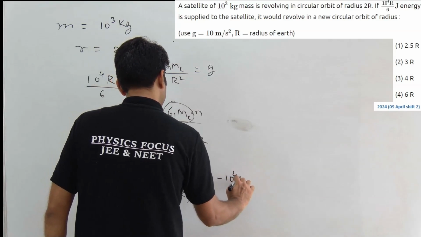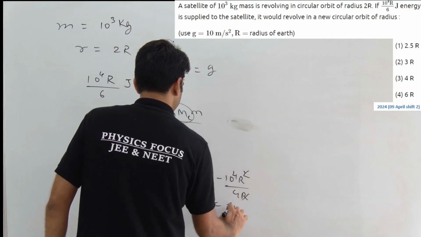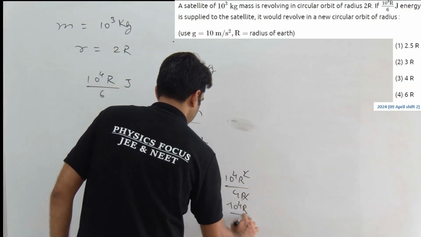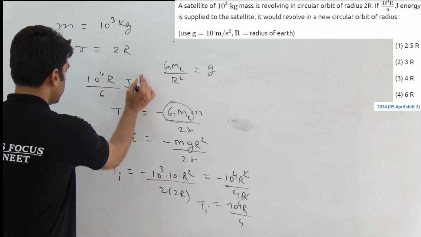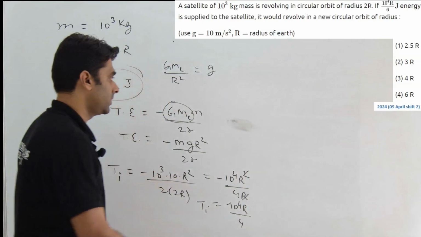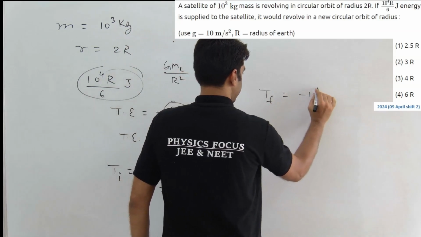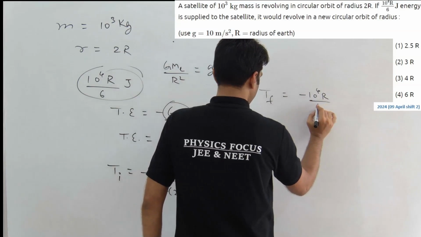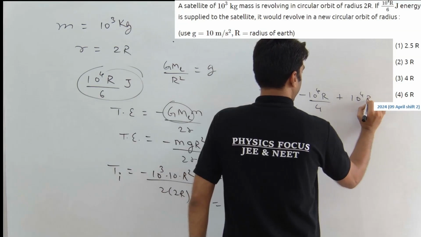Minus 10 power 4 R square by 4R, which cancels out to minus 10 power 4 R by 4. This is our total energy initially. Now this much energy is added to it. So total energy final will be minus 10 power 4 R by 4 plus 10 power 4 R by 6.